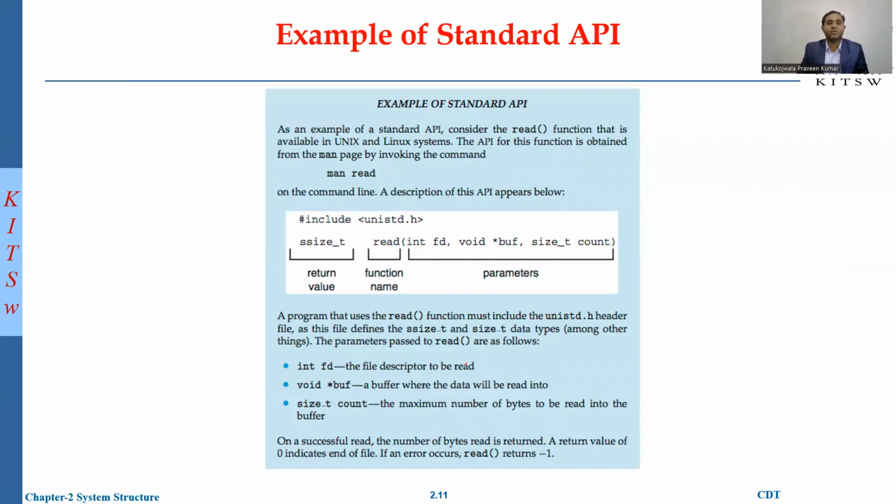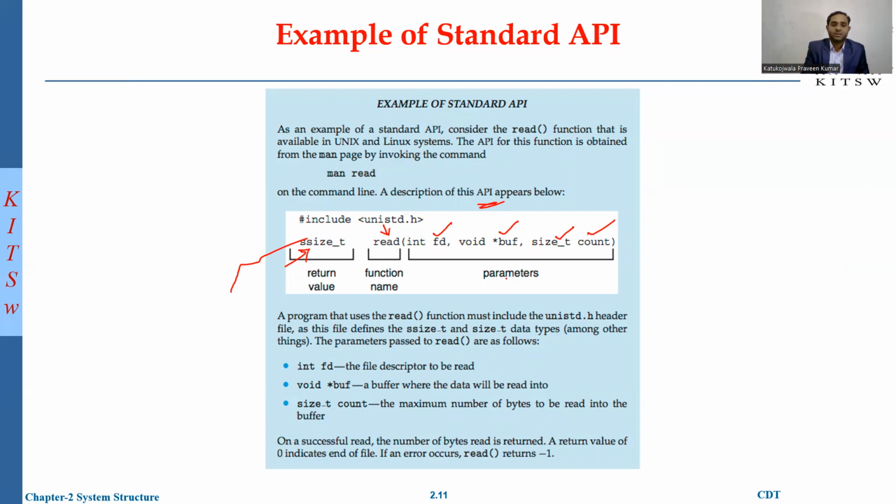This is one more example of a standard API. It has a return value of size_t, and this is the function name you are reading. What are the parameters? int fd, void buffer, and size_t count. Generally this will happen inside your API.